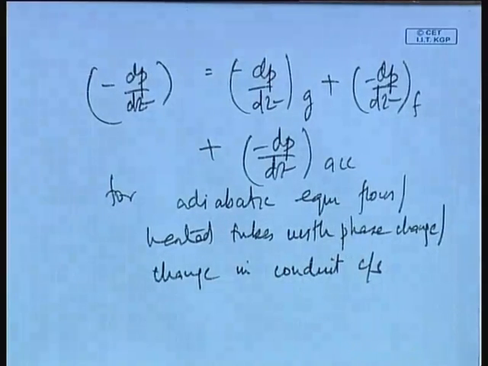But what will be the expression of this acceleration pressure gradient, how many terms it will comprise, will depend on the factors which contribute to the acceleration pressure gradient. If there is an area change accompanied by heat transfer, definitely it will comprise the requisite number of terms. Under normal circumstances, it will just have one particular term. Why?